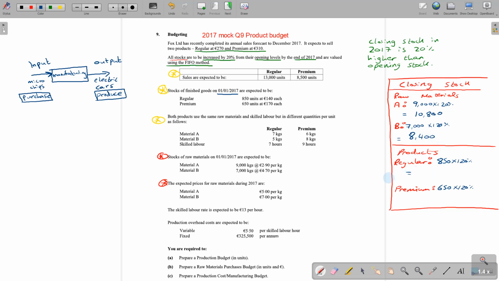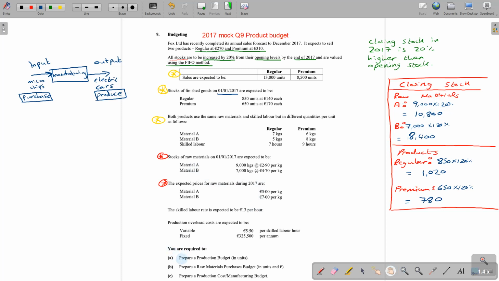Here we have closing stock of product A is 1,020, and premium is 780. So that makes life a lot easier as we move forward. So it's good to just write them down from the beginning.